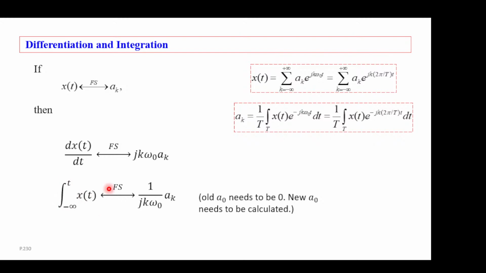This is only true if we define the integration from minus infinity to t. Also you see that you have a 1 over k here, which means this is ill-defined if k equals 0, because it's 1 over 0. So a_0 needs to be 0. That's because you are integrating over an infinite period. If a_0 is not 0, the integration gives you infinity, and that's bad. For a_0, you need to do the integration to figure it out.